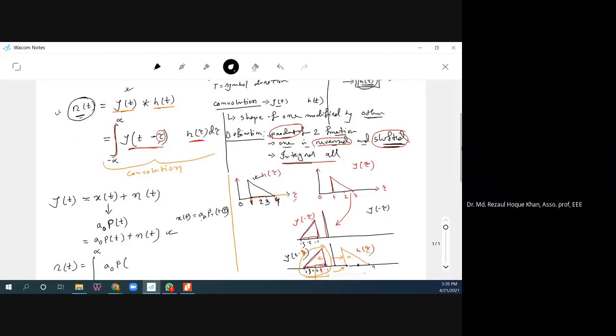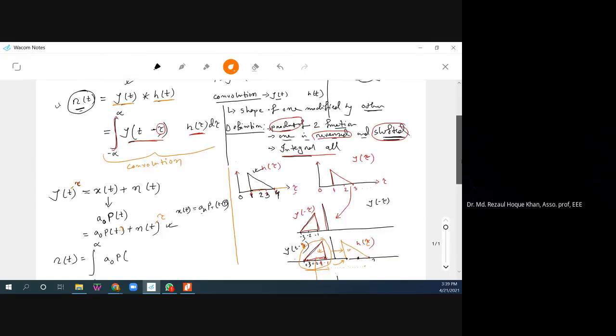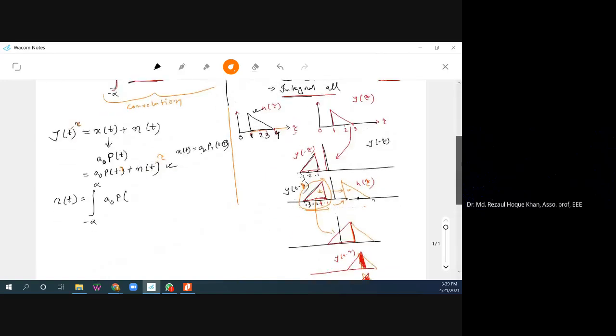If I introduce t minus tau here, then p of t minus tau will be introduced, and n of t minus tau, into h of tau d tau.